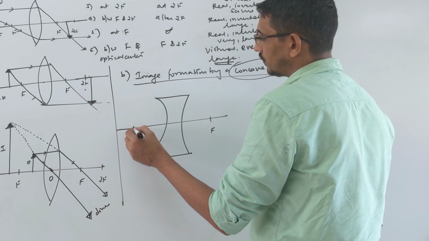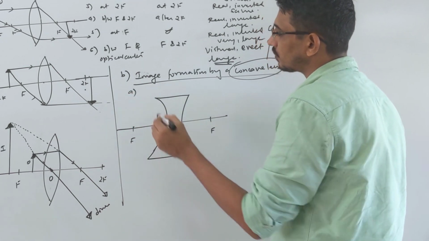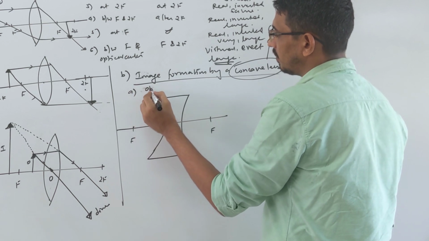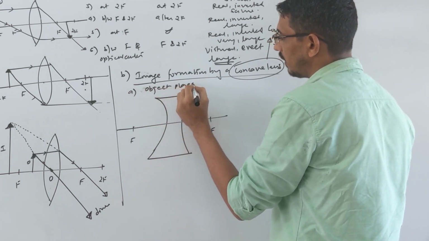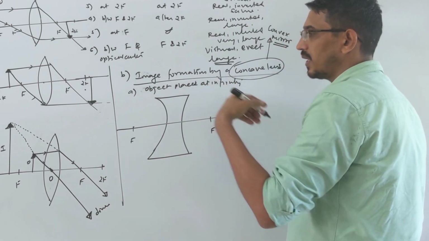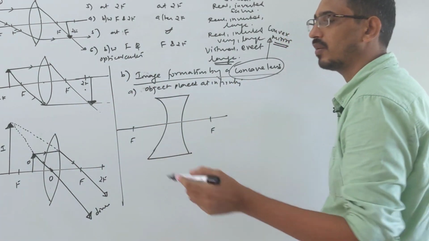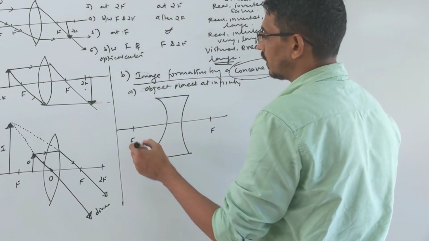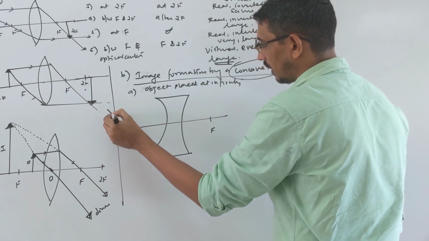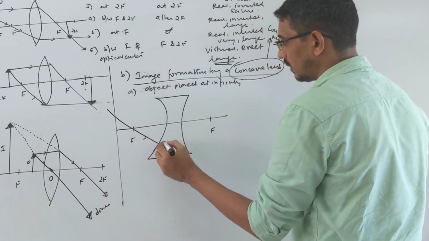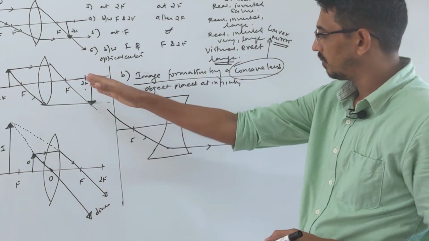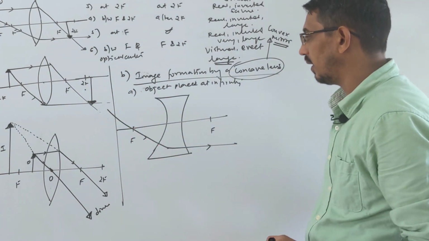Suppose first case I am writing here: your object is placed at infinity, very, very far, so rays will come parallel. So look here, one ray coming parallel, passing towards the focus like this one, should become parallel, like that way. Clear? Only a ray passing through the focus becomes parallel.